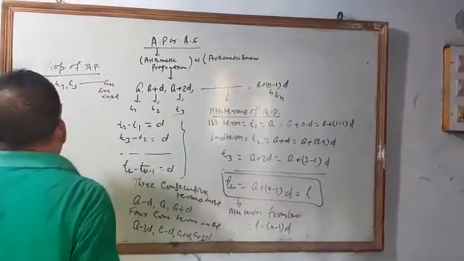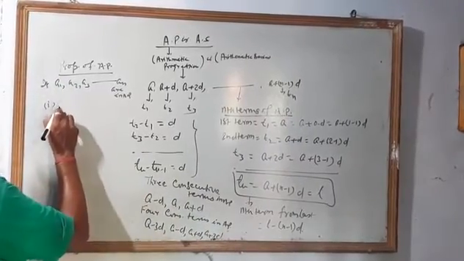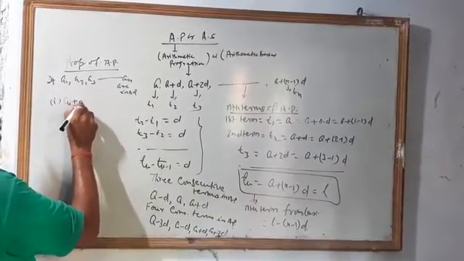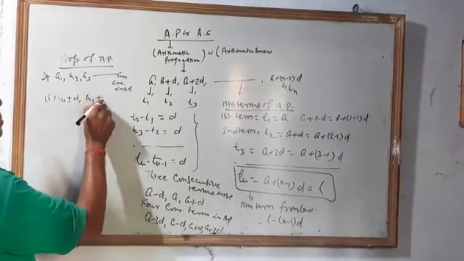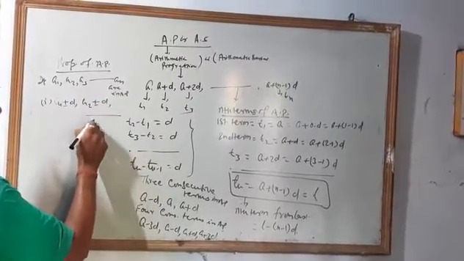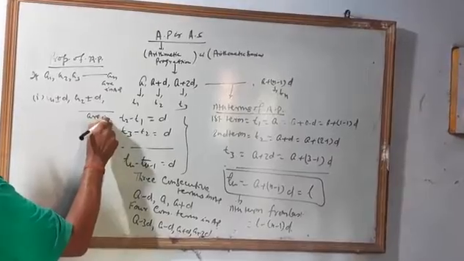Suppose you have a1 plus or minus d, a2 plus or minus d, and so on. Then the series will be in AP.